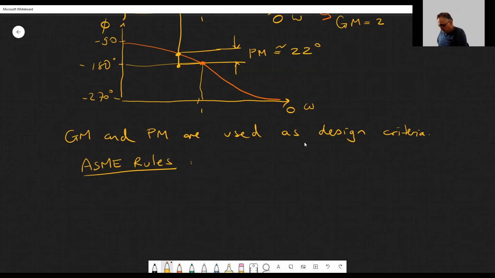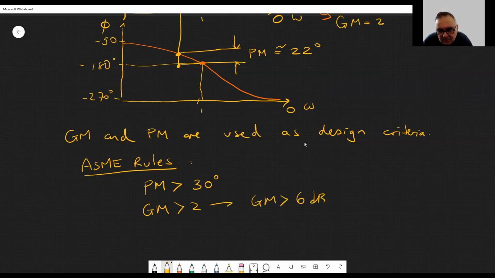Messed up here. I think the phase margin should be greater than 30 degrees, and the gain margin should be greater than 2. And GM greater than 2 means GM is greater than 6 dBs, I think.